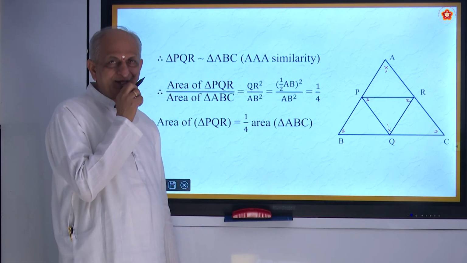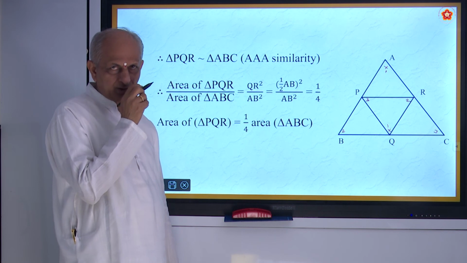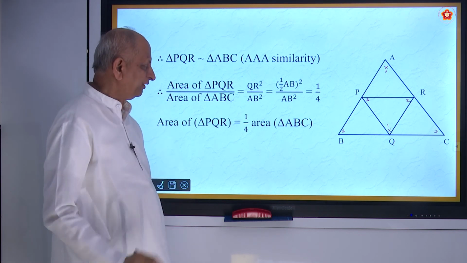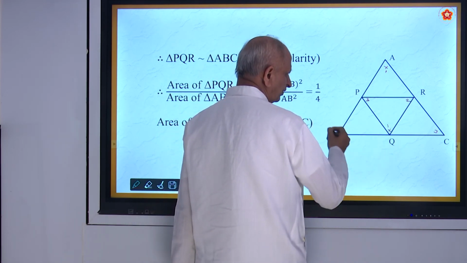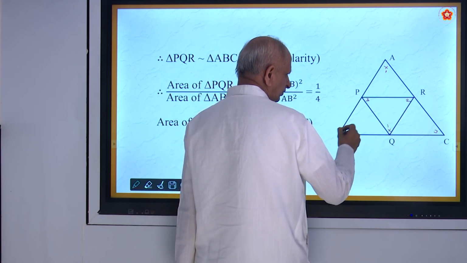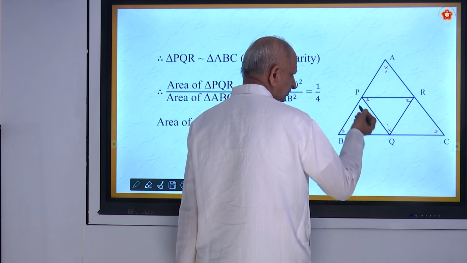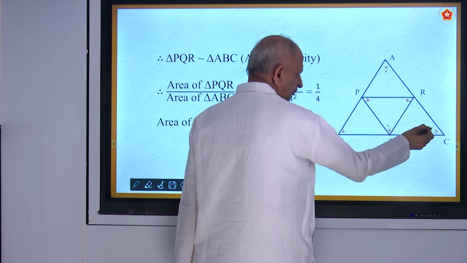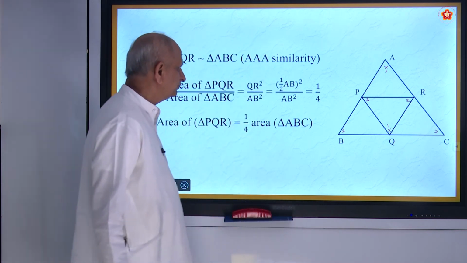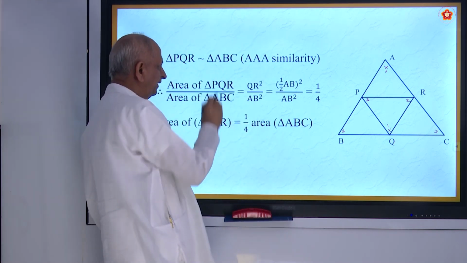Now you may ask why they are equal. Because they are the opposite angles of a quadrilateral. This is a quadrilateral, no? And therefore, these opposite angles are equal. So these two are equal, these two are equal, these two are equal. Is it not? So you have, they are similar.